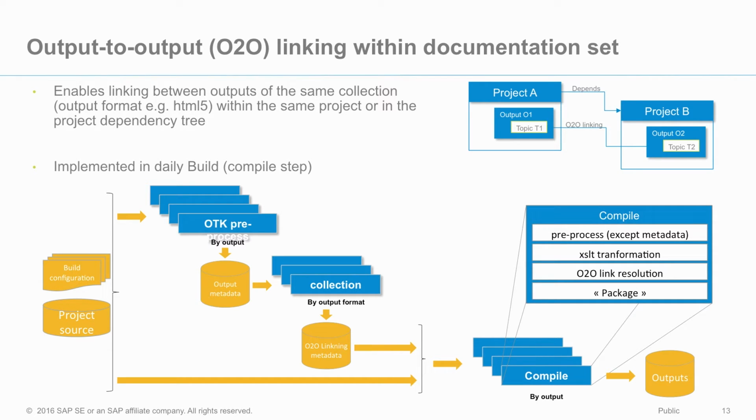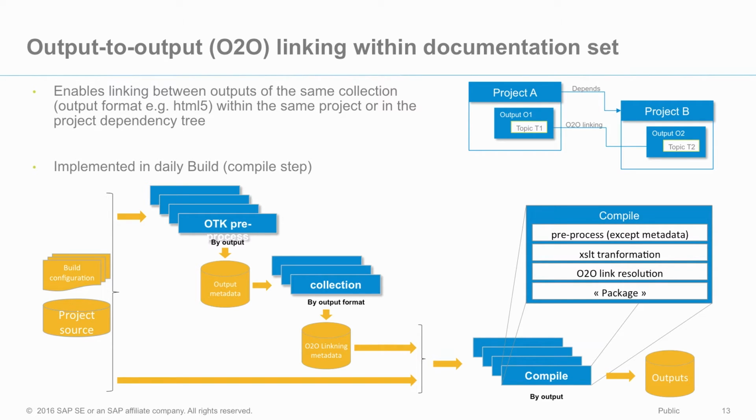So maybe there are a lot of complex concepts behind, but this is something that was requested a lot by our community. The way we implemented this was basically using, as highlighted in the schema, the pre-processing step within DITA Open Toolkit. Based on the source and the build configuration, we run the pre-processing step on each output.